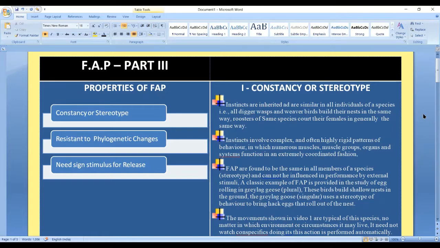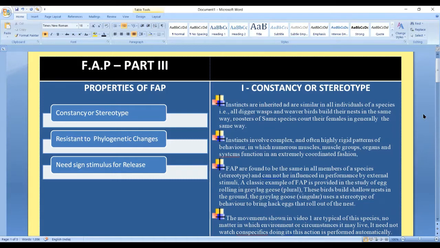So it remains constant throughout the species, it is resistant to phylogenetic changes, that is, it has not changed with evolution, and it needs a sign stimulus for release. Until and unless the sign stimulus is present, the fixed action pattern does not occur.